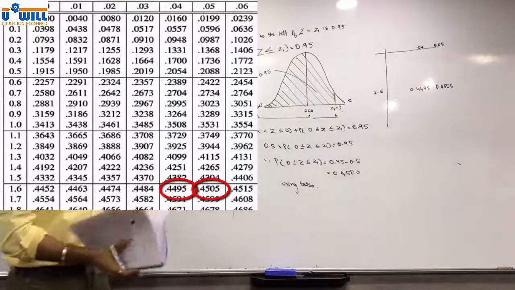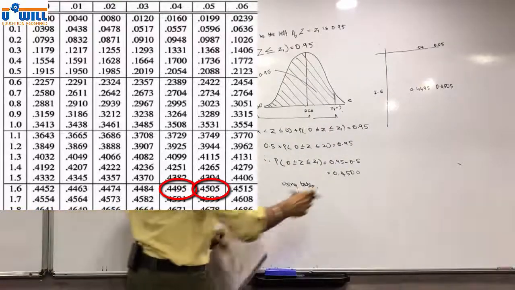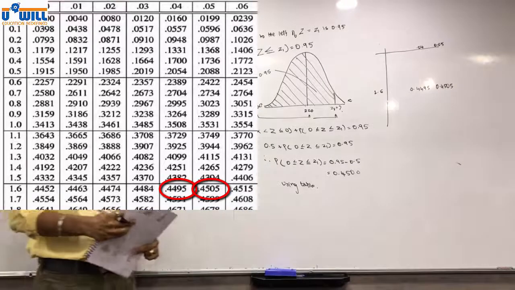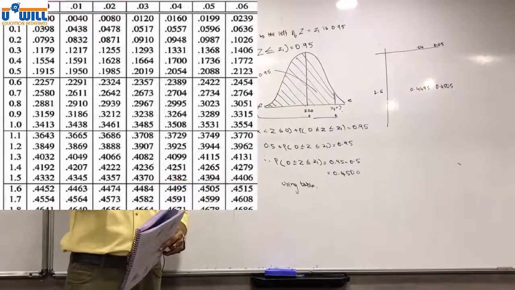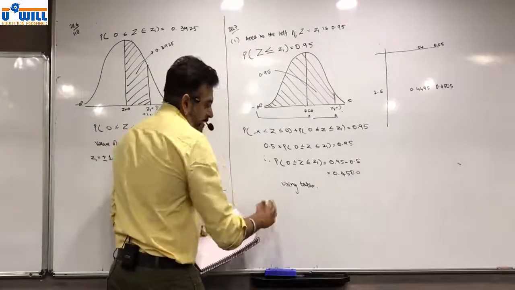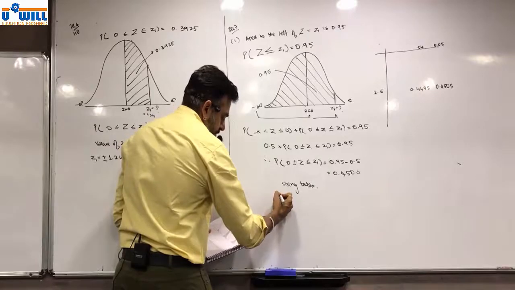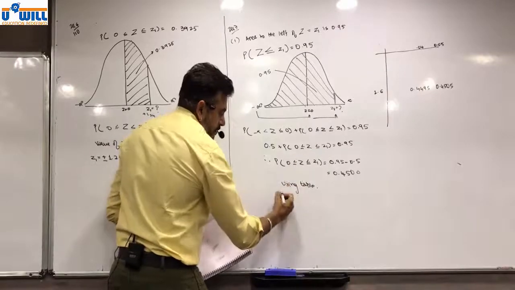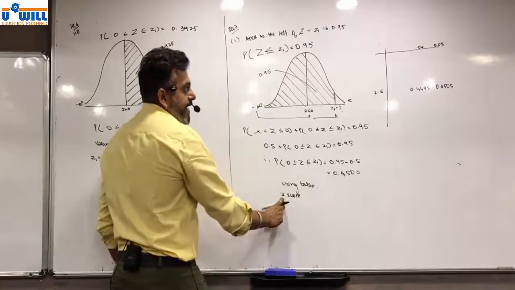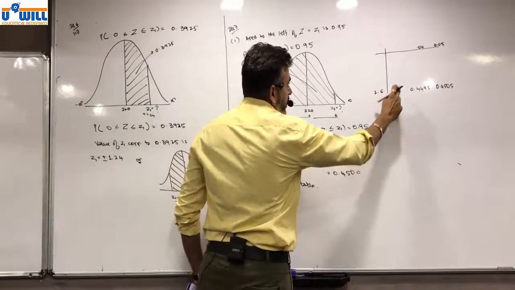Understood this? But do we have exact 4500? No. So which one to take? For that, we have to do a simple step, very easy. Now, first, we will take Z score. ध्यान दो. First, we will take Z score as 1.64.